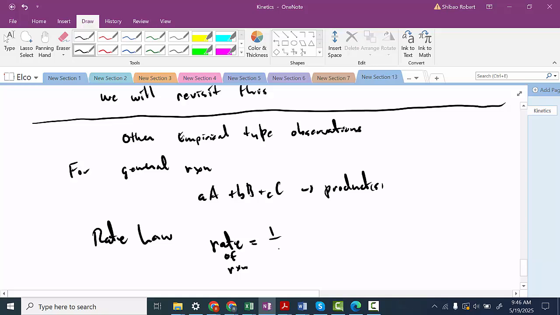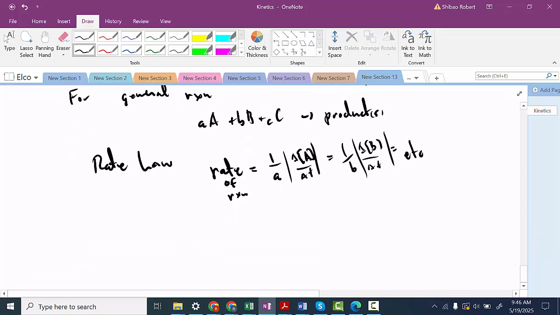The normalized rate of reaction is going to be 1 over a, normalized, times delta concentration of A over delta t, and then 1 over b times delta B over delta t, etc. That way, if A reacts twice as fast, we have a normalization of 1 over 2, or if B reacts 3 times as fast, it's normalized at 1 over 3, etc. So the rate of the reaction, in terms of the rate law, is just going to equal k.